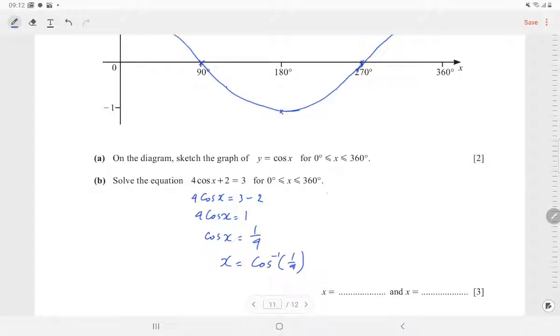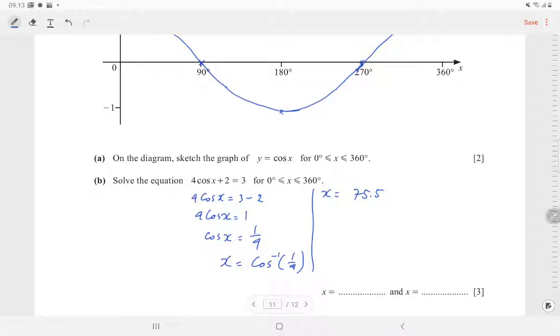So we have x equal to cos inverse of 1 over 4, which is 75.5. Now remember the rule for cos, because there are two values.